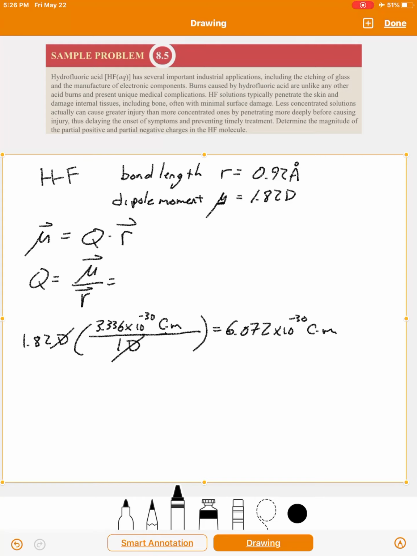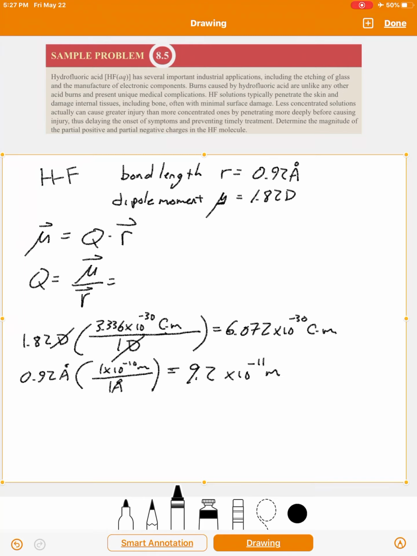Okay? So now, what about this issue of the bond length? The bond length is in angstroms. So the conversion factor is, we have 0.92 angstroms, and 1 angstrom is 1 times 10 to the minus 10 meters. So that would be 9.2 times 10 to the minus 11 meters.